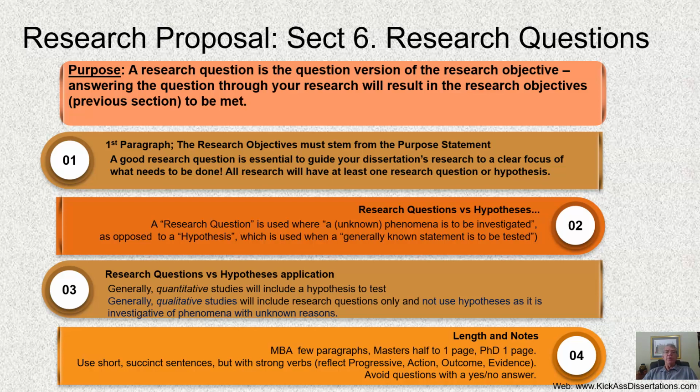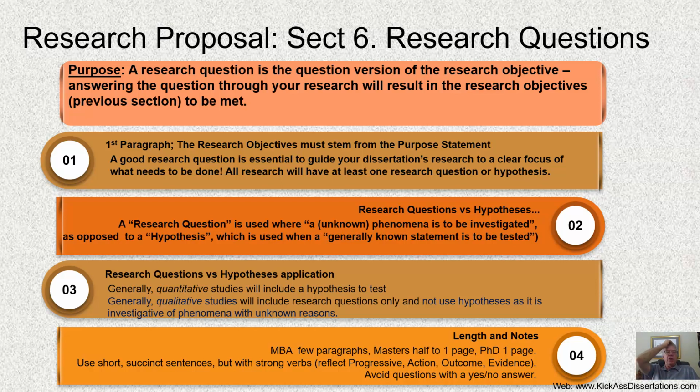All research will have at least one research question or hypothesis that has to be solved through your research. There needs to be an answer to this to achieve your objective. So let's look at the difference between research questions and hypotheses.